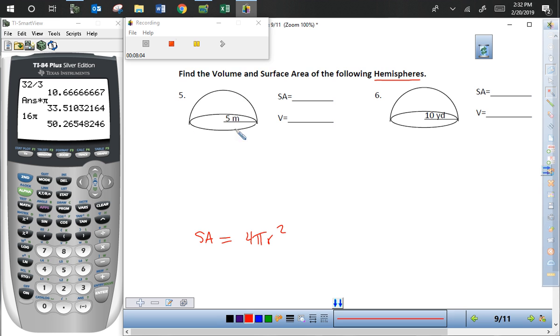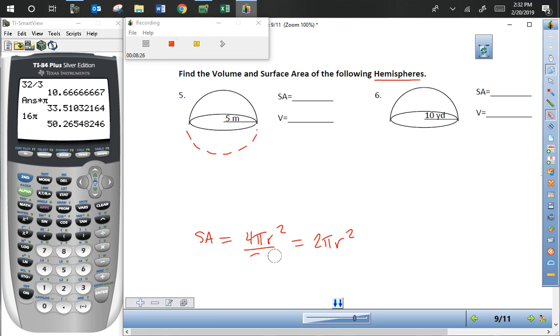But this whole thing is only half of a regular sphere. We don't see this missing piece below. So all we have to do to get the formula for surface area is divide this thing in 2. But there's one little detail that we have to add in.